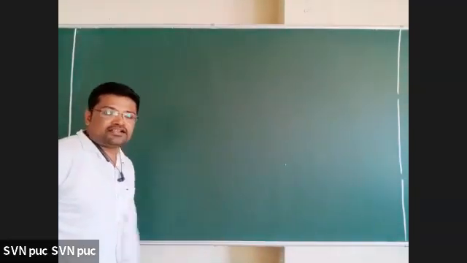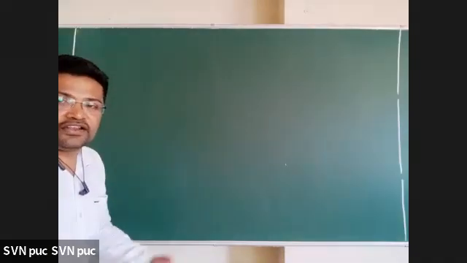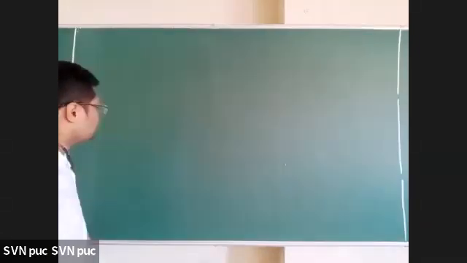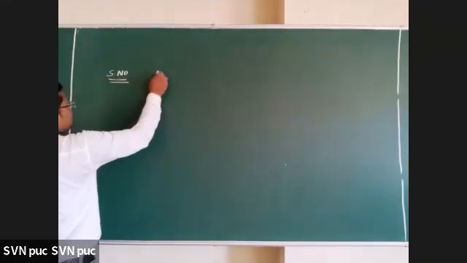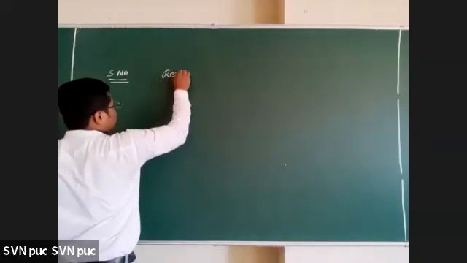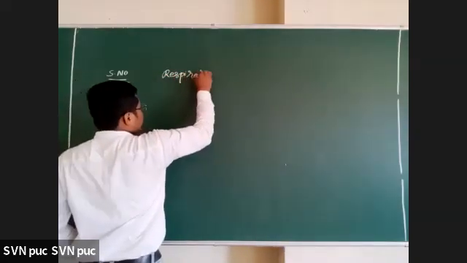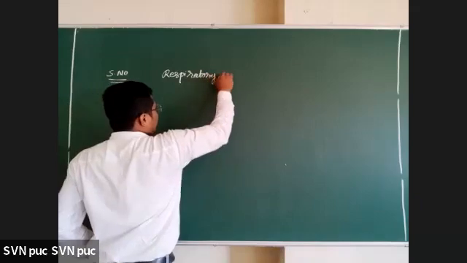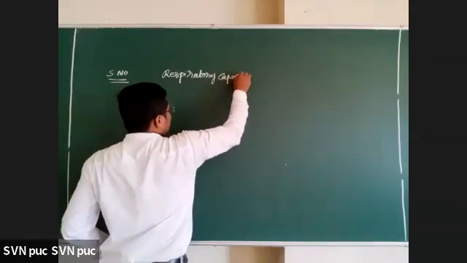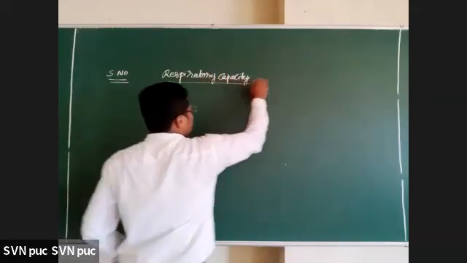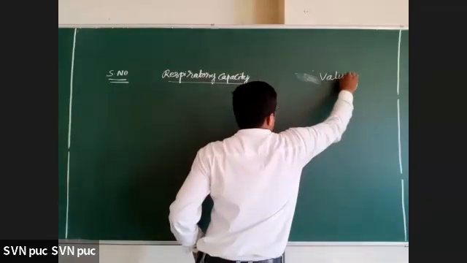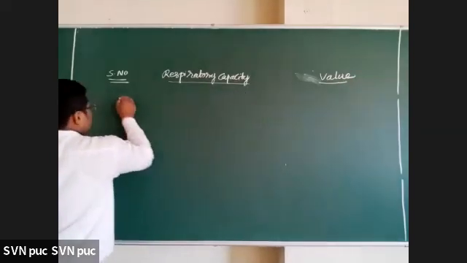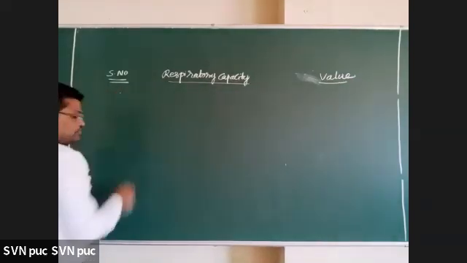So write the tabular form of different respiratory capacities. Serial number, respiratory capacity, analysis and value.